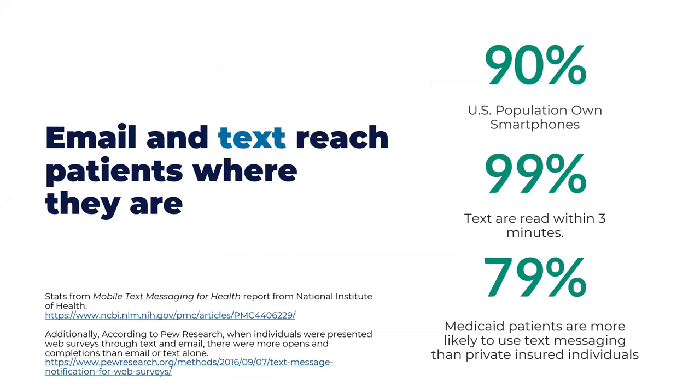And part of the rationale behind this approach in automating the delivery of the survey through email and text, like I said, is to get it to where people are. We know that almost all of the population, 90%, has smartphones, and that includes populations that are experiencing homelessness or other socioeconomic challenges.